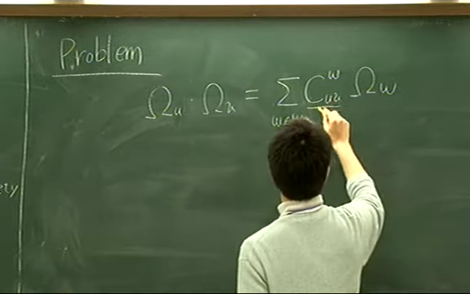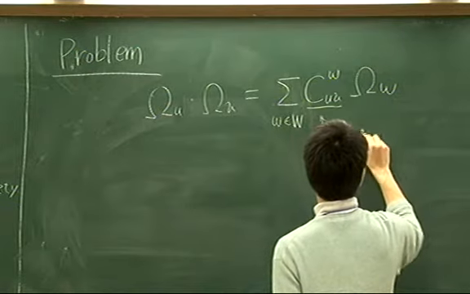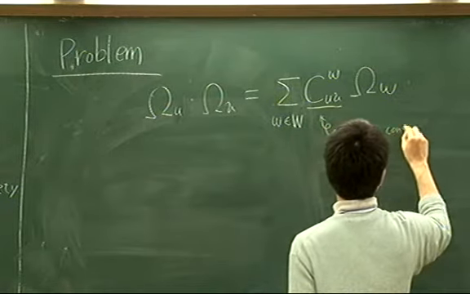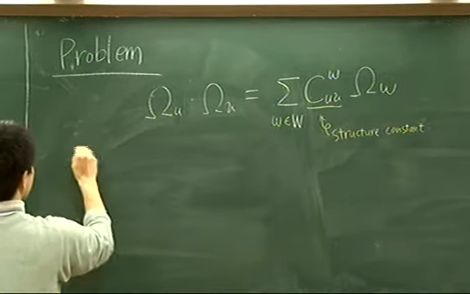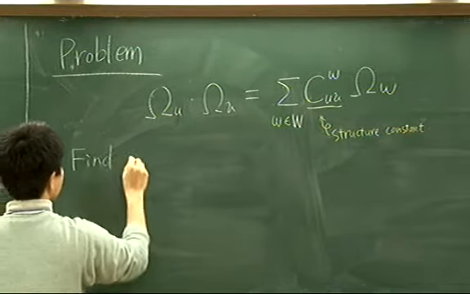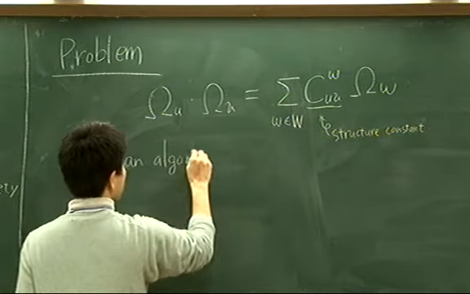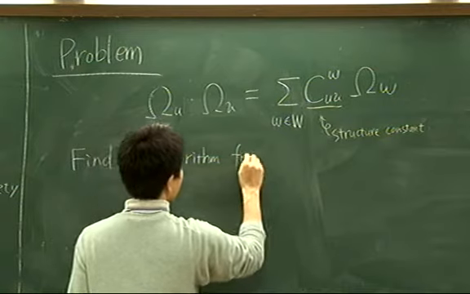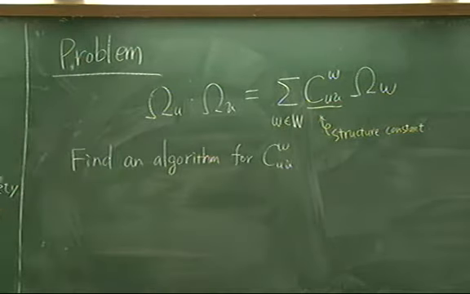Here again, this constant is called the structure constant. The problem is an algorithm for the structure constant. This is the main problem in Schubert calculus.